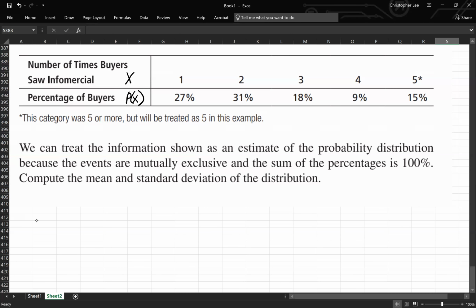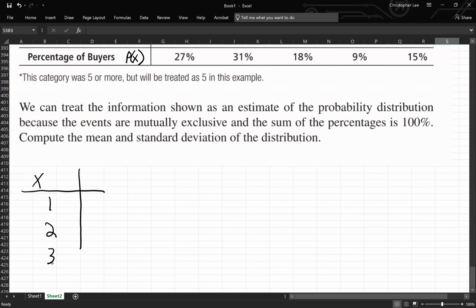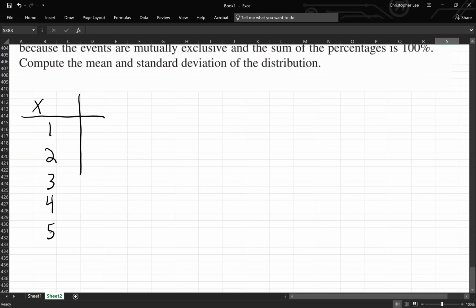Not really a fan of the whole horizontal thing, more of a vertical kind of person. So I'm just going to do that: 1, 2, 3, 4, 5.